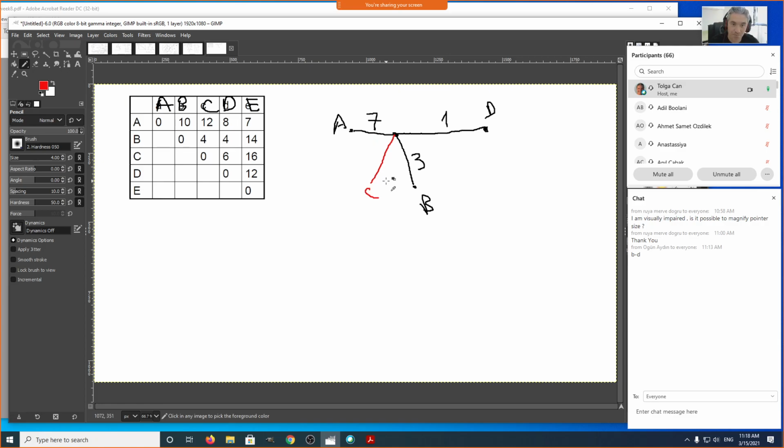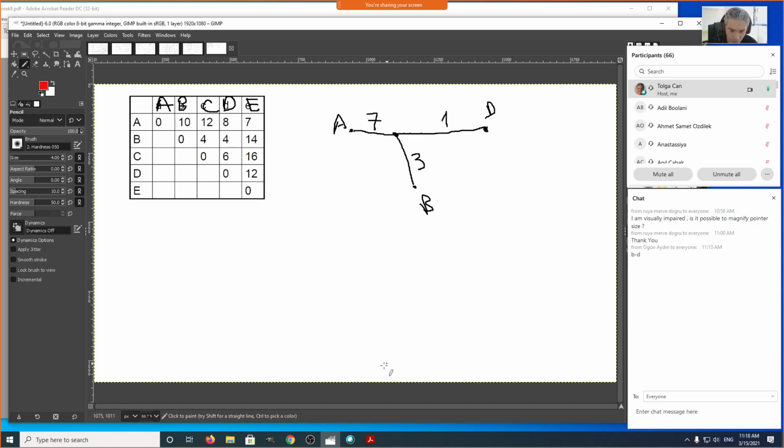I need to pick a different pair. So putting C between AB is a bad thing because it's going to mess up the other pairwise relationship between the nodes. So that's the only thing in this algorithm.